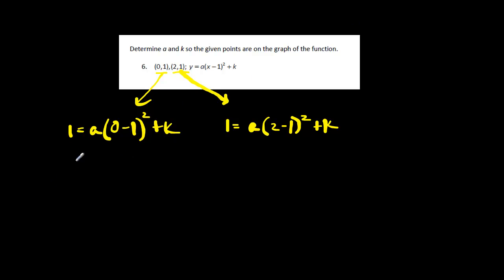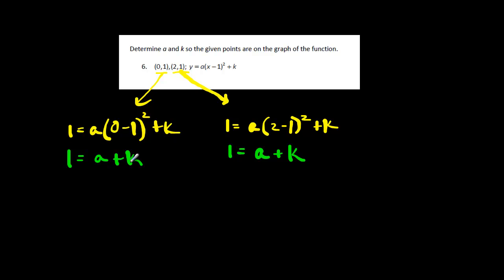So let's simplify these. 1 equals, this is -1. -1 squared is 1. 1 times a is a, so a plus k. Over here, 1 equals, 1 squared is 1, 1 times a is a plus k.